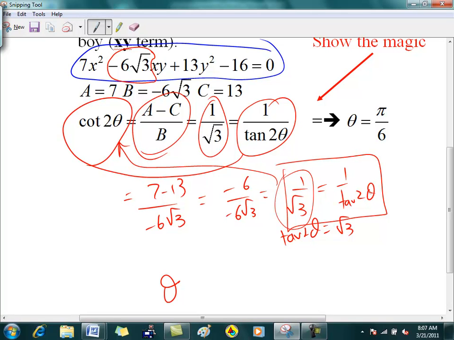So I flip both sides. So 1 over root 3 becomes root 3, and 1 over tangent 2 theta becomes tangent 2 theta. You with me on that, Laura? In other words, if I were to say 1/2 equals 1 over x, then I can say 2 is equal to x. Same concept. Did she get it right?